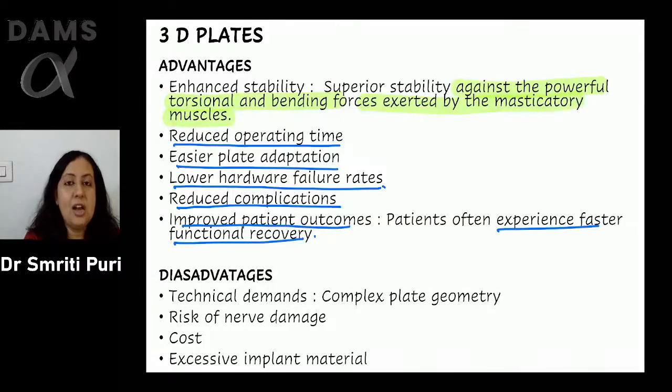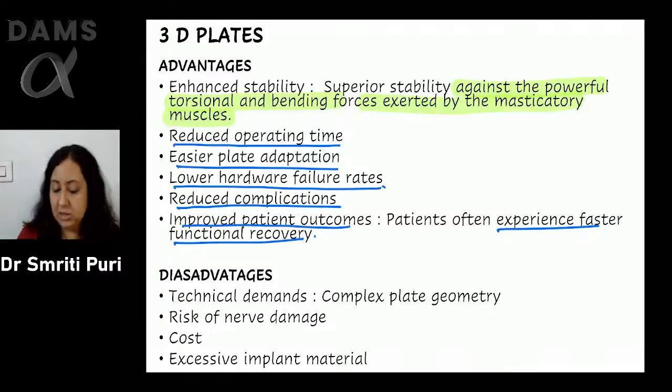That means the patient can get back to function faster. These are the advantages. They don't loosen easily, they reduce the operating time, they get the patient back to function faster, and they can withstand torsional forces as a result of mastication.